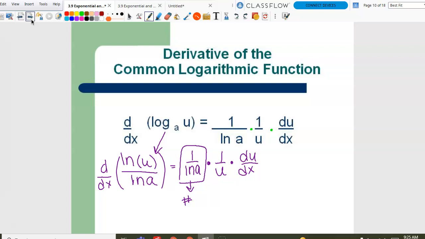That's pretty much all we're doing: adding just the first part. If it's a log, the only thing you have to add to your derivative is 1 over the natural log of its base. So if it was base 5, then it'd be 1 over ln 5. And we can't cancel the ln, because that's just going to represent a coefficient. It's kind of like a constant.